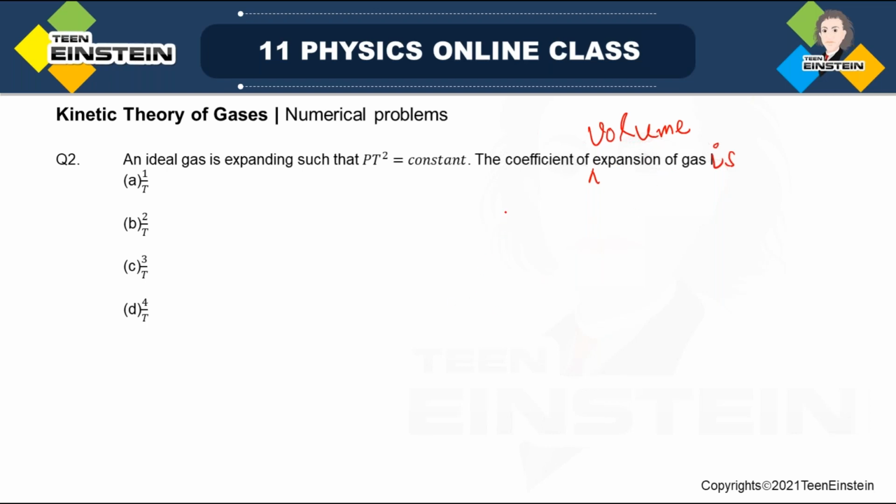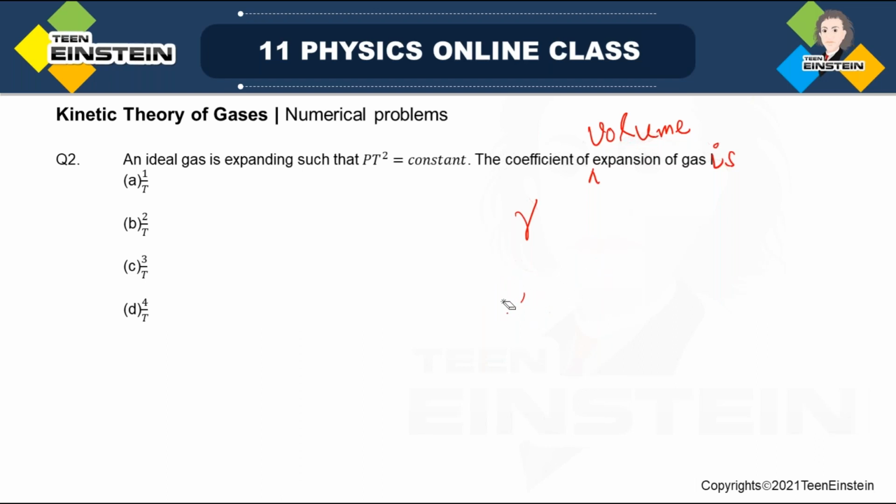So the coefficient of expansion of volume is also denoted by gamma, right? Alpha, beta, and gamma. You remember, this is related to length, this is related to area, this is related to volume.